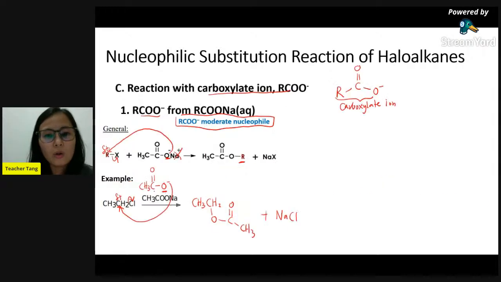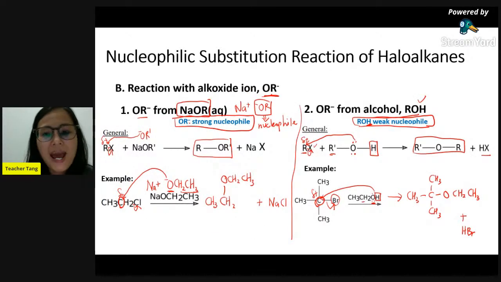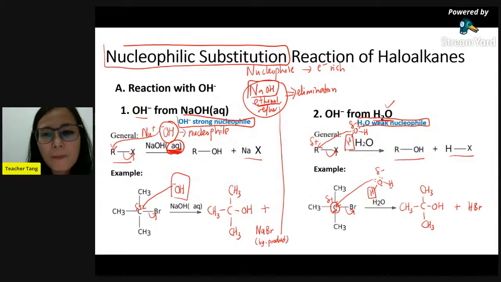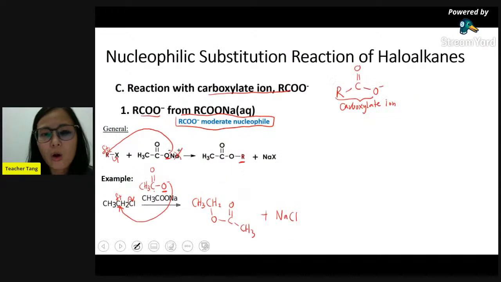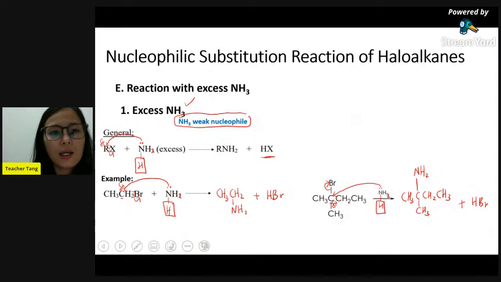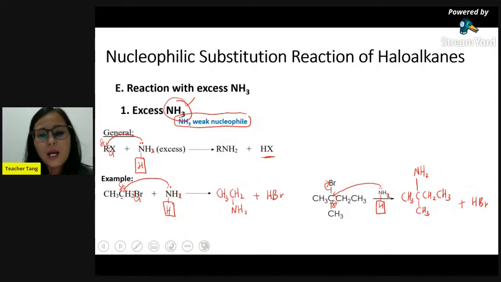Okay, so those that are neutral with lone pair, such as water, alcohol, and also ammonia, they are weak nucleophile. Okay, so neutral with lone pair, they are weak nucleophile. If negatively charged, they are strong nucleophile.